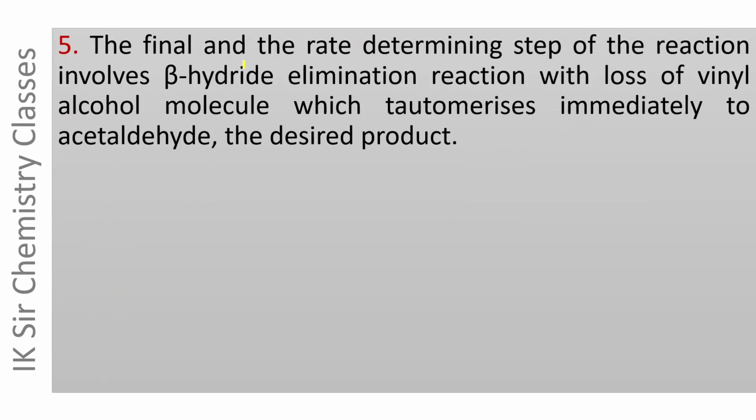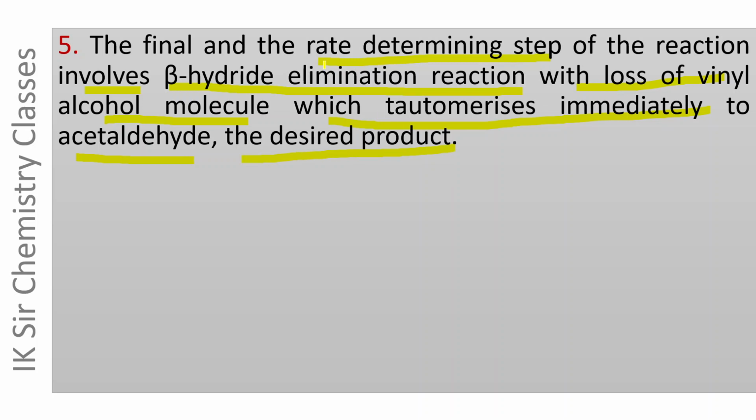The final and the rate determining step of the reaction involves beta hydride elimination reaction with loss of vinyl alcohol molecule, which tautomerizes immediately to acetaldehyde, which is nothing but the desired product of the reaction.